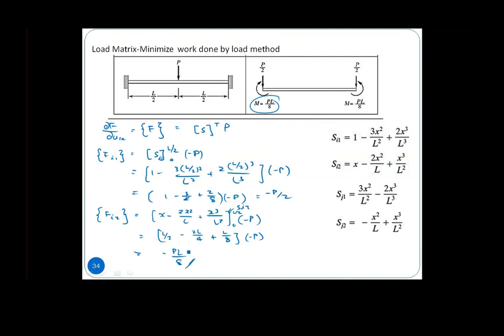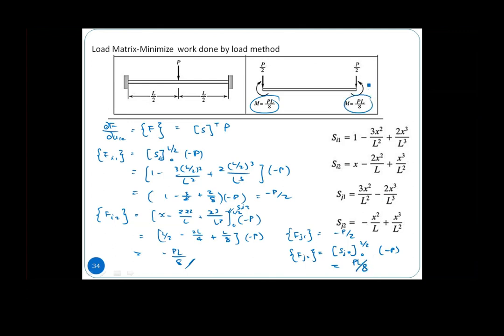If you are doing Fj1, also you will get the same, which is negative P/2. But if you are using Fj2 with this method, where you multiply your Sj2 at L/2 with negative p, then you will get a positive PL/8, which is this part.